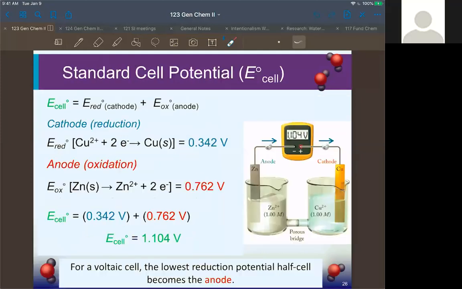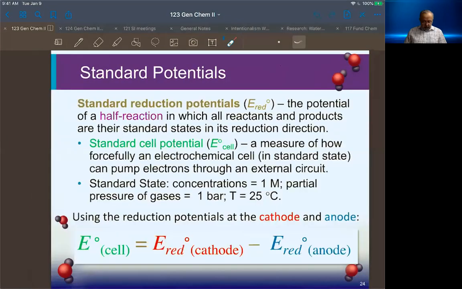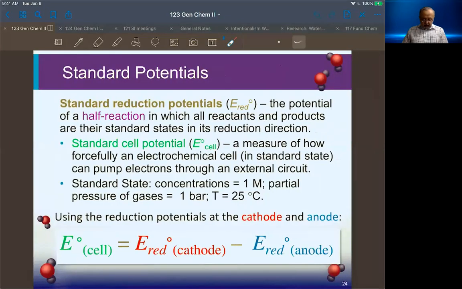So let me go back to the overall equation, which is this one here. When you look at the appendix, at the tables, there you're going to have reduction potentials. So these potentials are the reduction potentials. Now, the one with the highest reduction potential is the one that is going to reduce. The one with the lowest is the one that is going to oxidize.